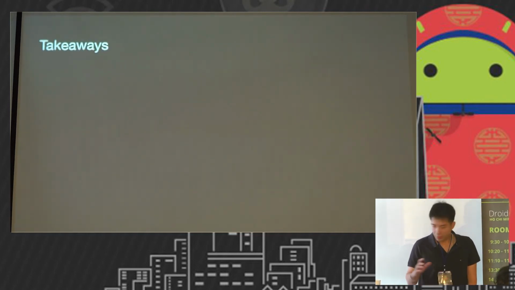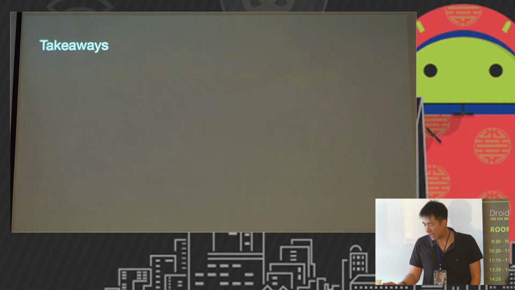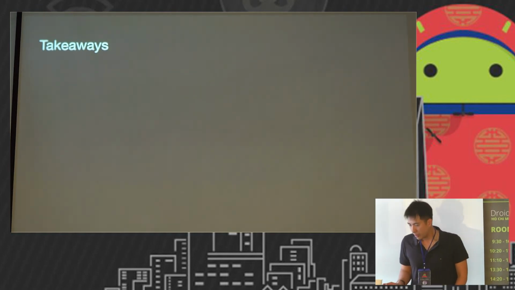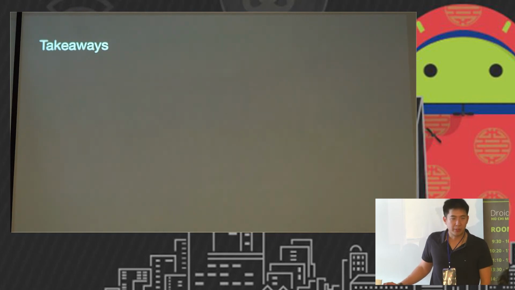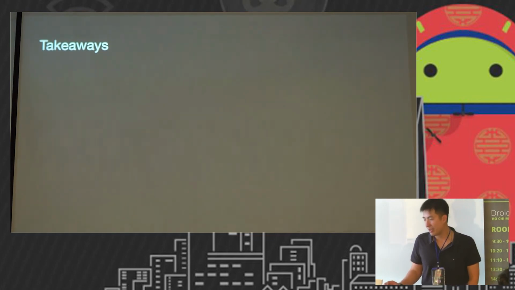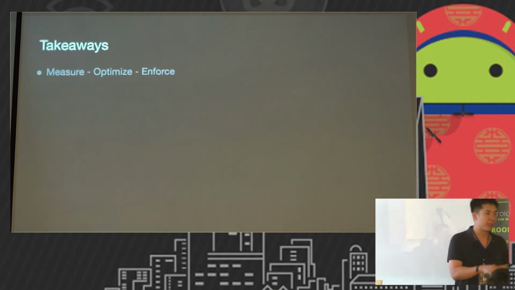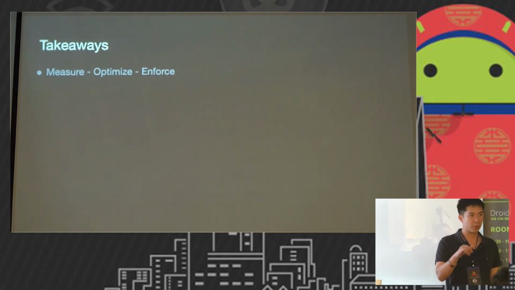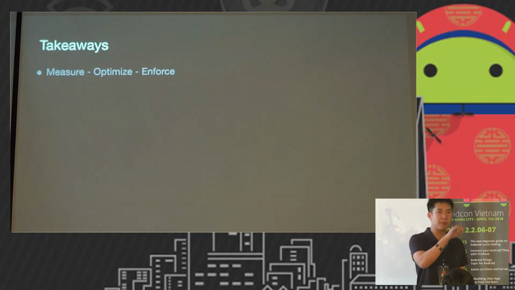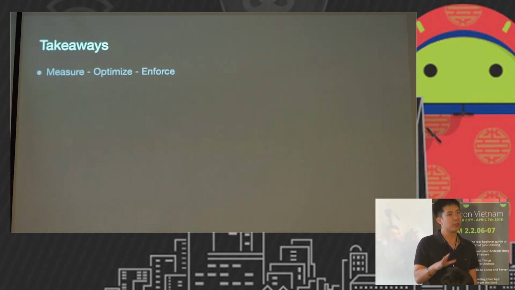So that's close to the end of my talk, and I want to talk a little bit about what you should take away from it, right? If you don't remember anything else from the talk, just remember a few points. The first is the framework of measure, optimize, and enforce. You see that we use that in a lot of different places, and it's going to be very useful.